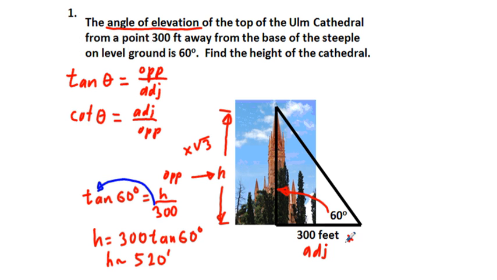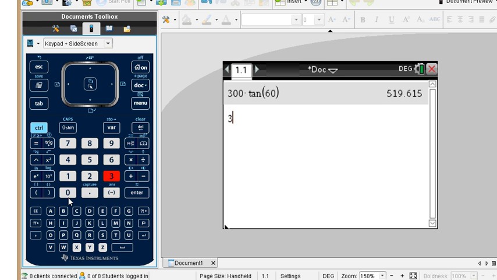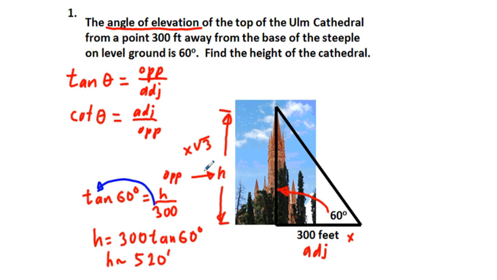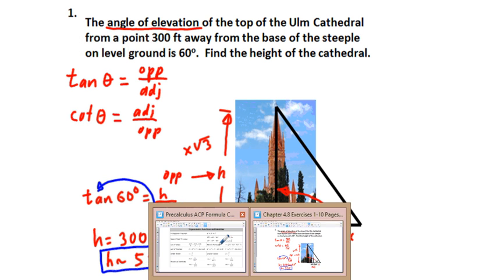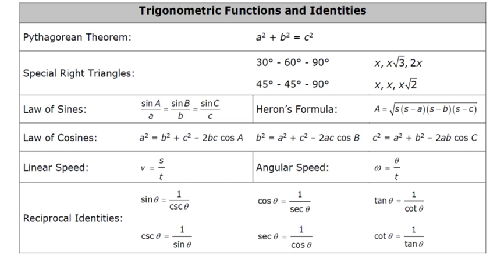So we could have gotten our answer by saying 300 times square root of 3. We'll do that in the calculator, and you're going to see the same thing here. So there we go, a special right triangle application. But most of these, as you're going to see, are not special right triangles. Our special right triangle we could have gotten from our ACP formula chart here.